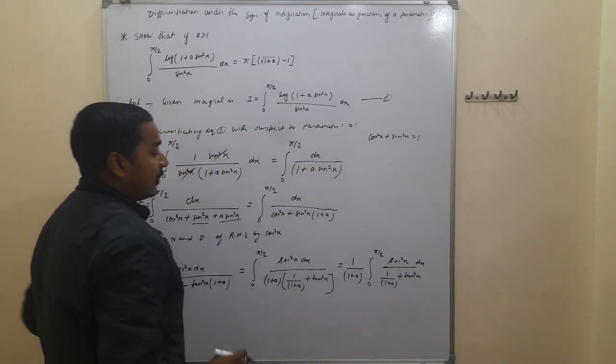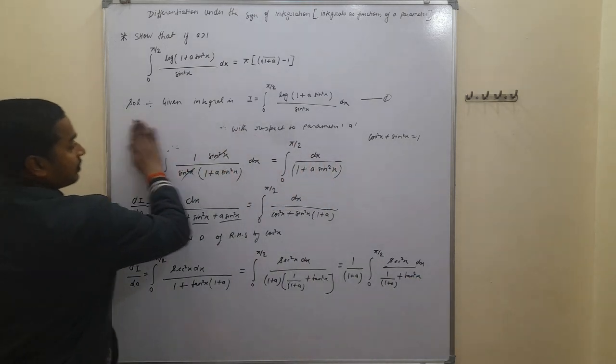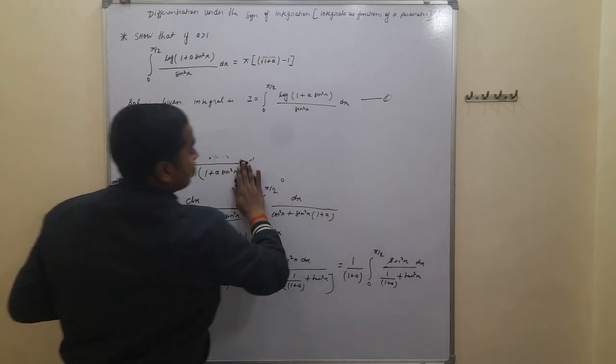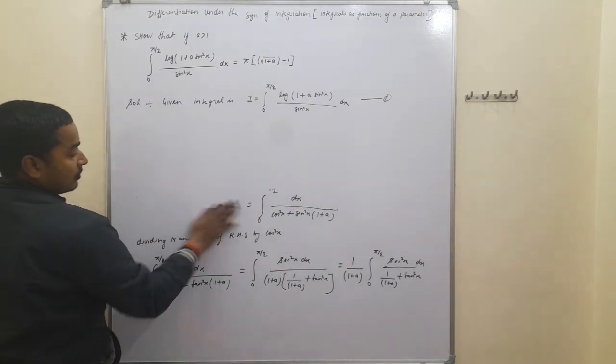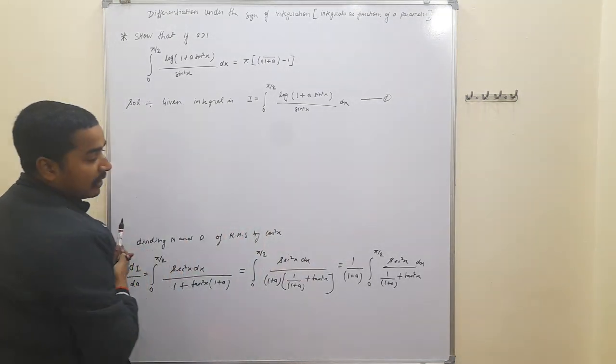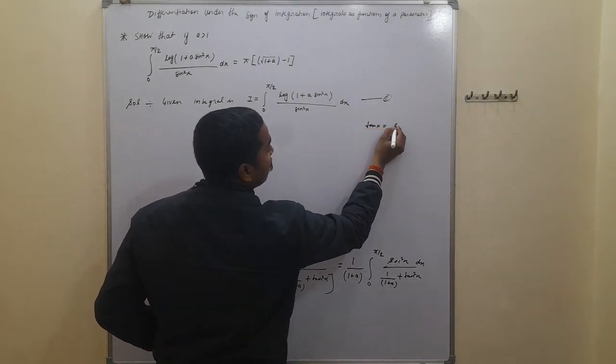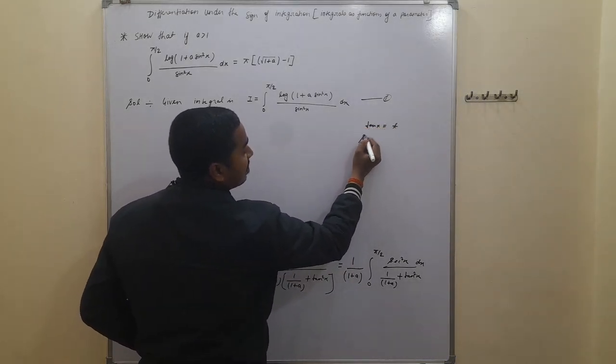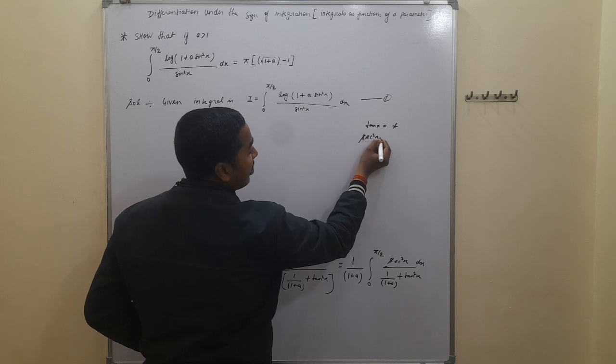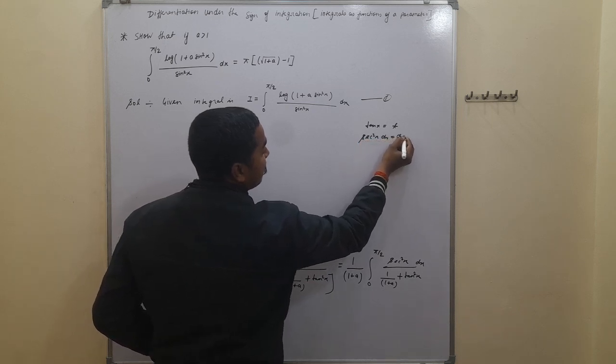Further we let tan x equal to t, then differentiating tan x, sec square x dx is equal to dt.